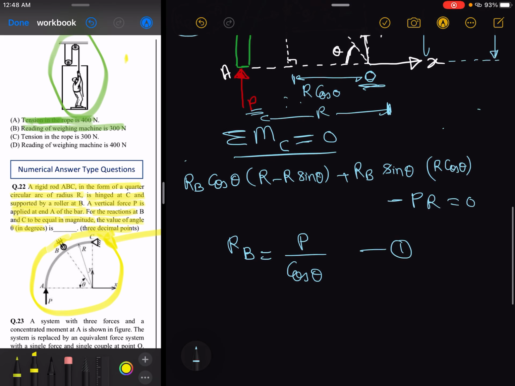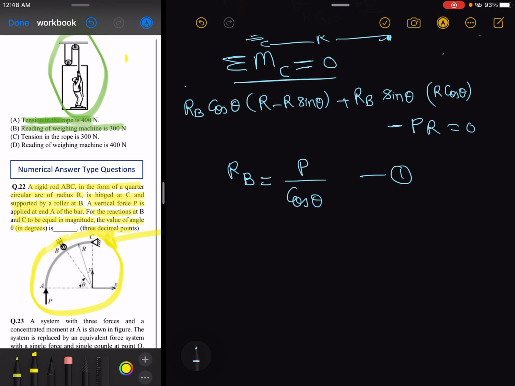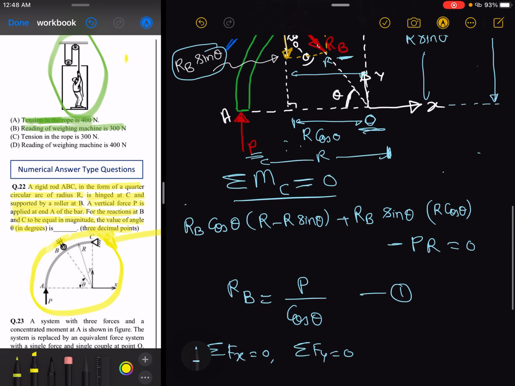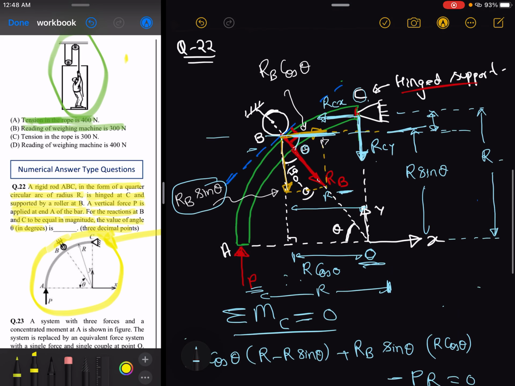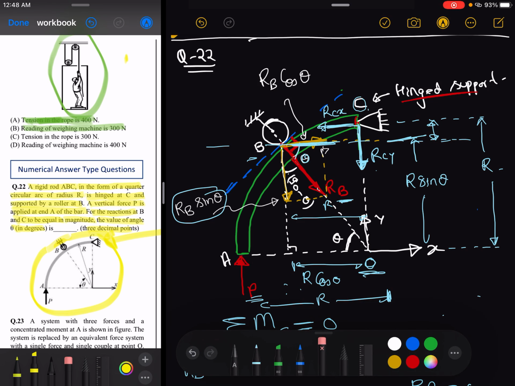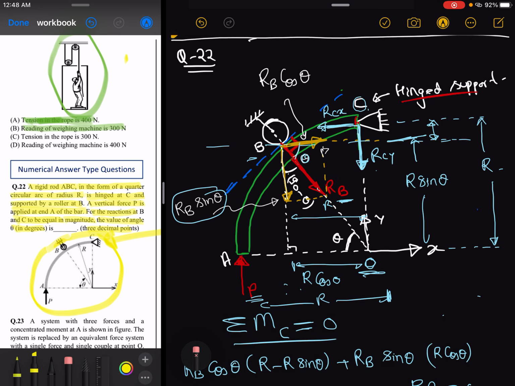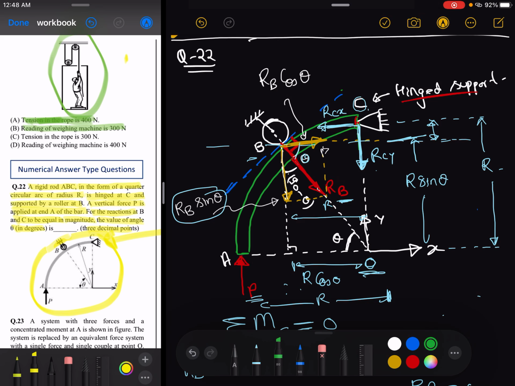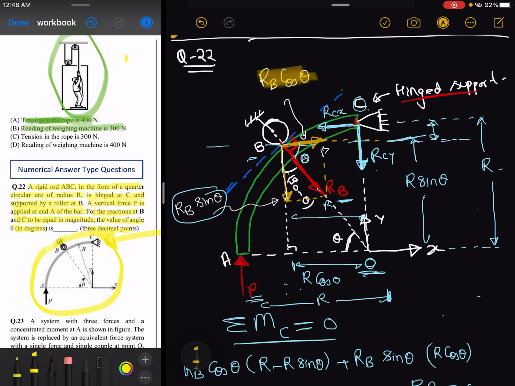Now I am going to use the remaining two equations, that is, the net force along the x-axis should be 0 and the net force along the y-axis should be 0. If you observe the forces along the x-axis, you will come to know that the forces acting along the x-axis are this RB cos theta and this RCX.